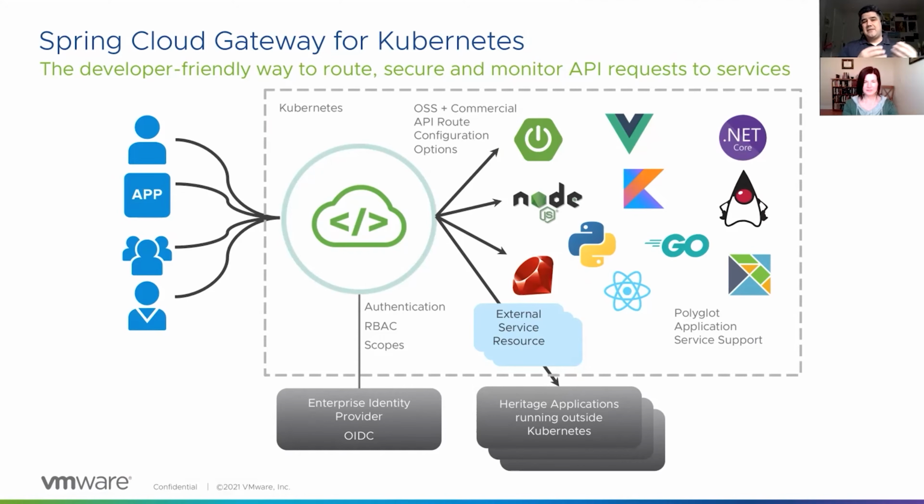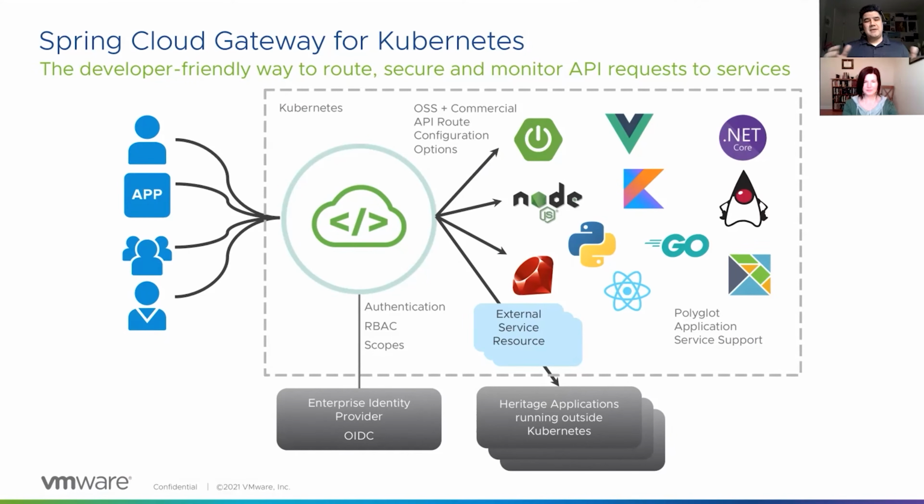We also have some OSS route configuration options with what are called predicates and filters, and we'll show those later. Those are expanded in the commercial product with some additional route configuration options. We also support any kind of application behind the gateway, as long as it talks HTTP.